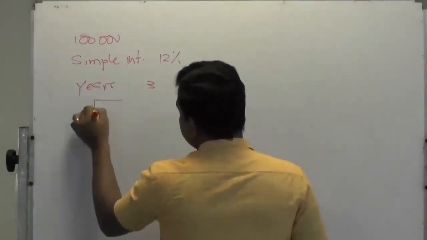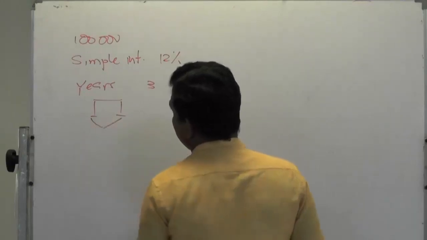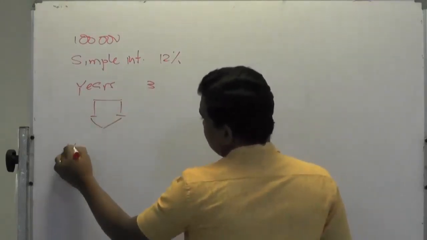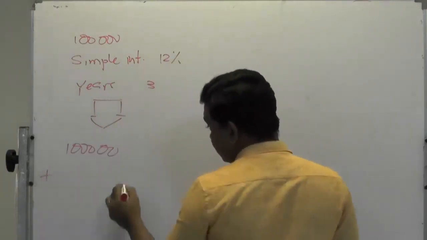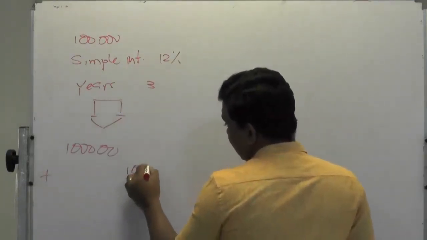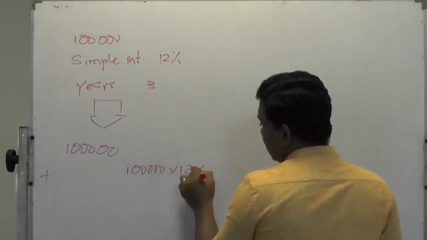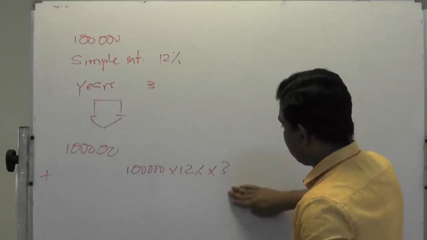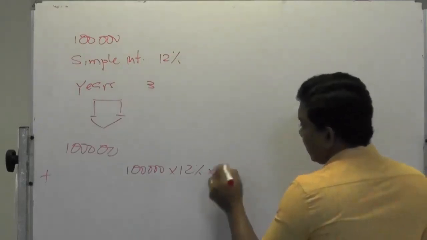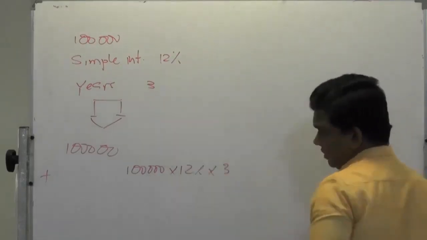Therefore, at the end of 3 years, you will earn 100,000 plus 100,000 into 12% into 3 years, sorry, 12% into 3 years. Why? It is simple interest.